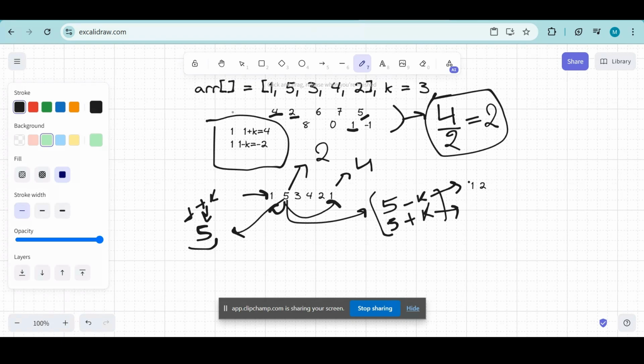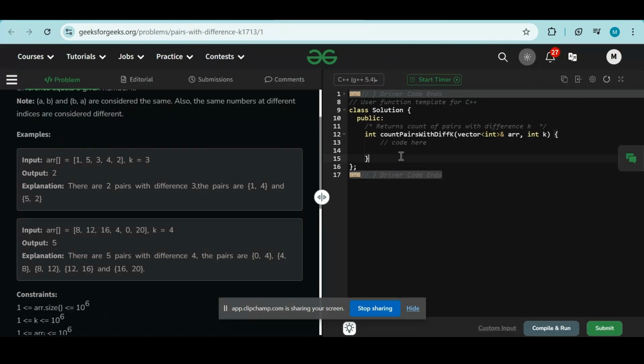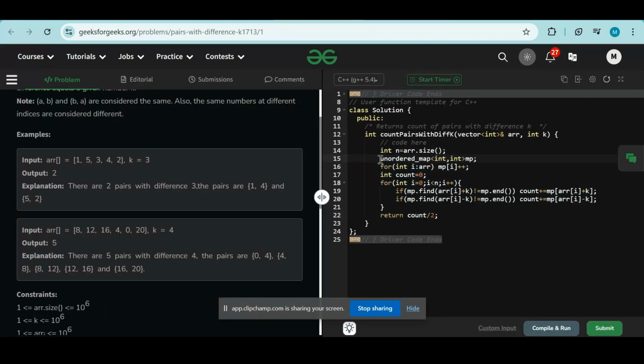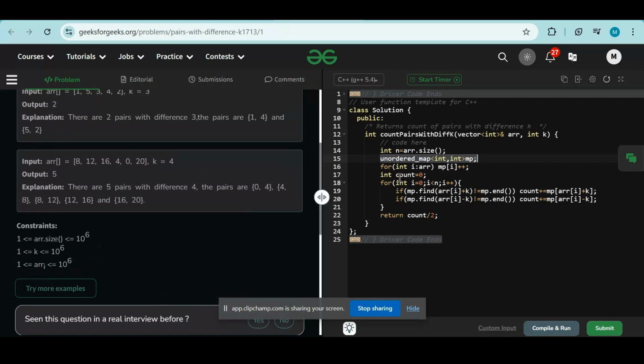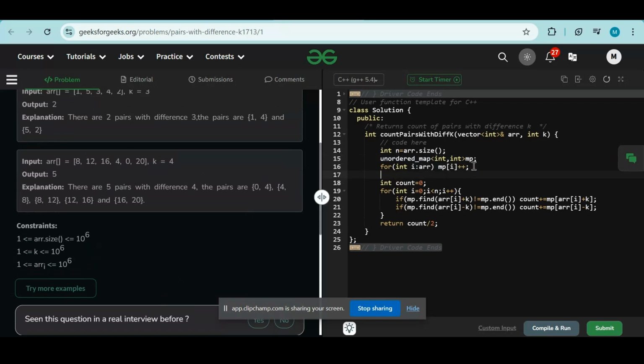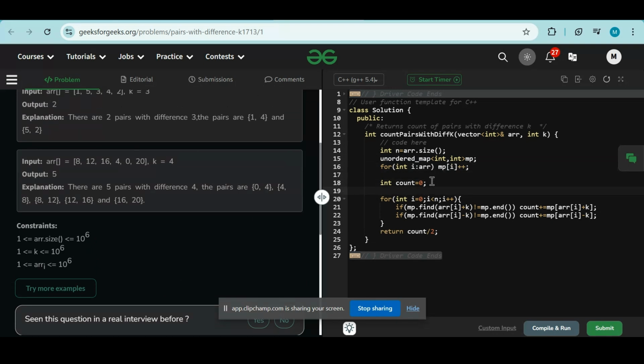So let's see the code and what we are doing. We are taking a map, which takes log n time complexity to find a number. We first traverse the complete array and push all the elements into our map. Then we take a count equal to 0 for counting the answer.